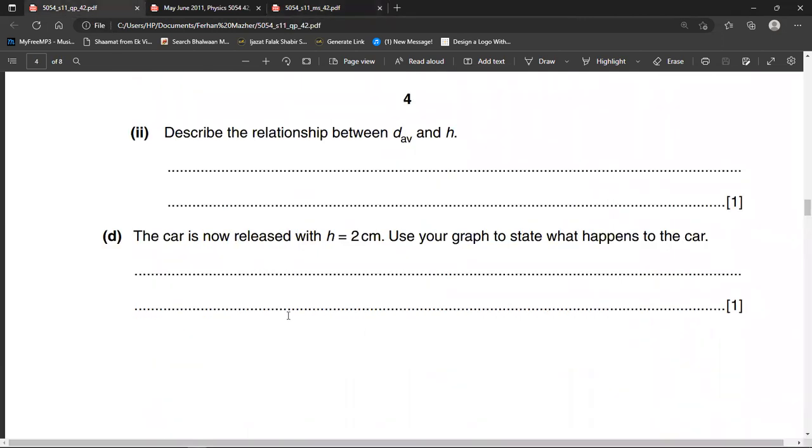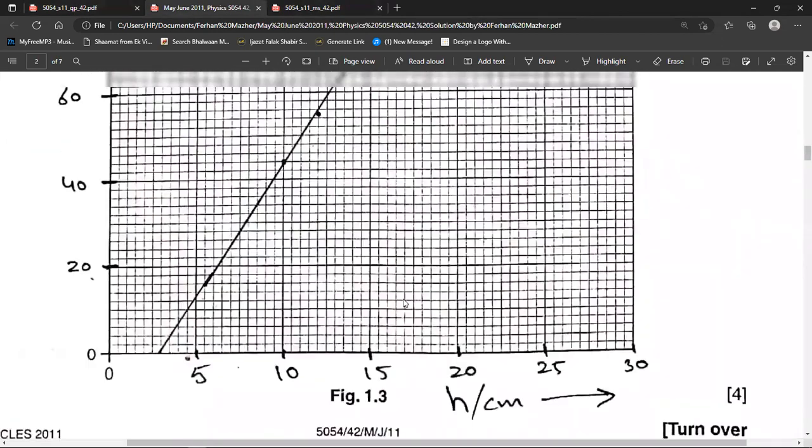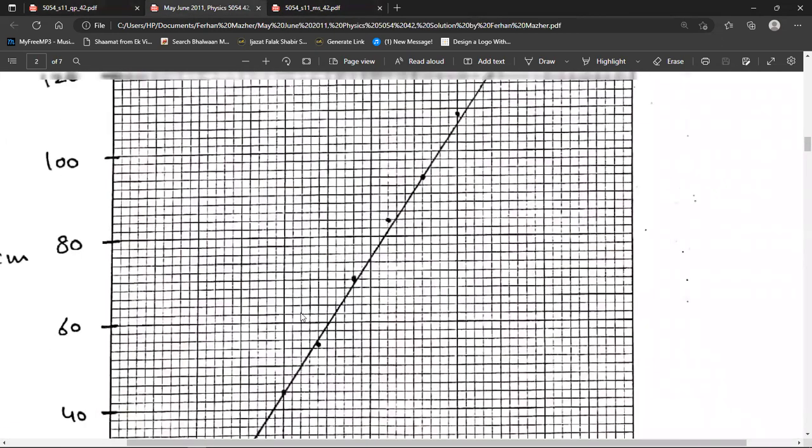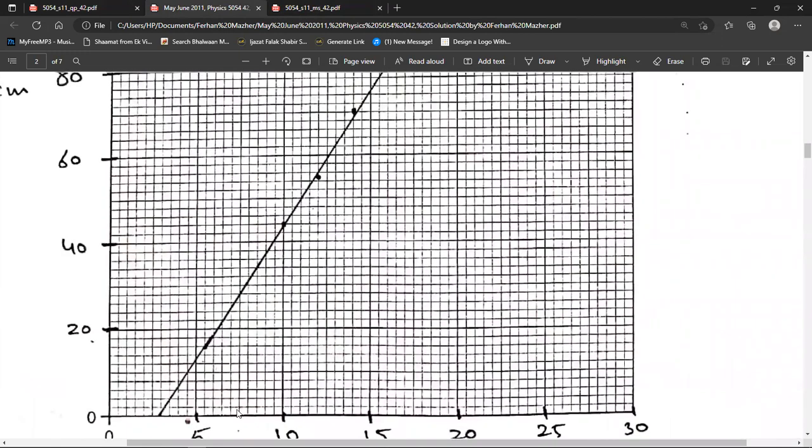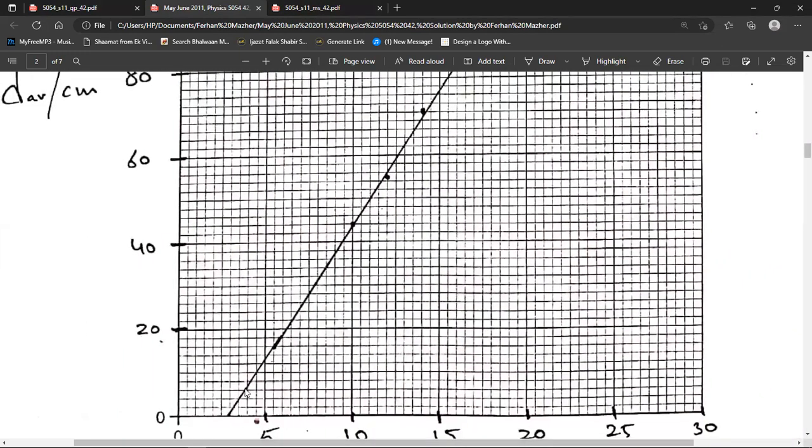Okay. The car is now released from the H 2 centimeter. Use your graph to state what happens to the car. Okay, so this is the height and this is the D average.